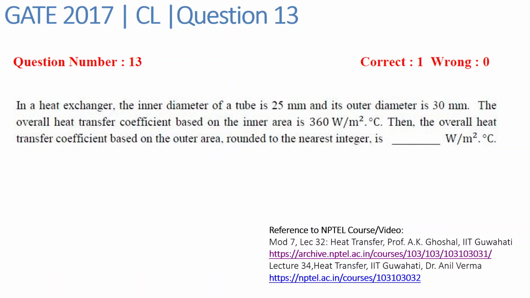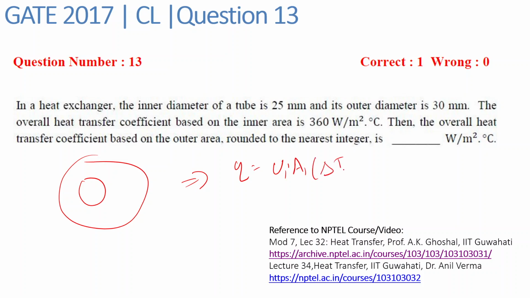So this was our first question that we discussed today, in which we were given this heat exchanger, and we had to use this basic heat balance equation, that is Ui Ai into delta T is equal to Uo Ao into delta T, and that would basically give us Ui Ai is equal to Uo Ao.